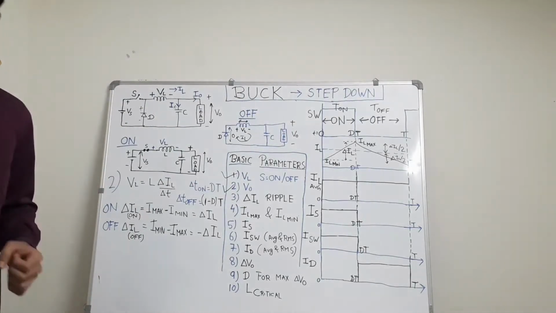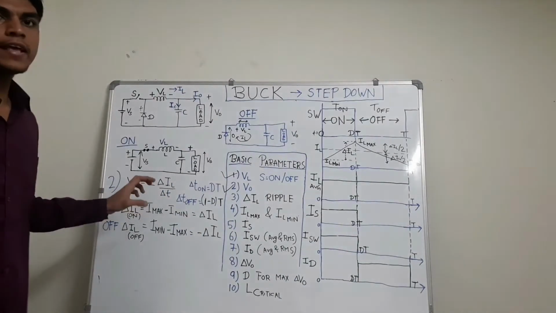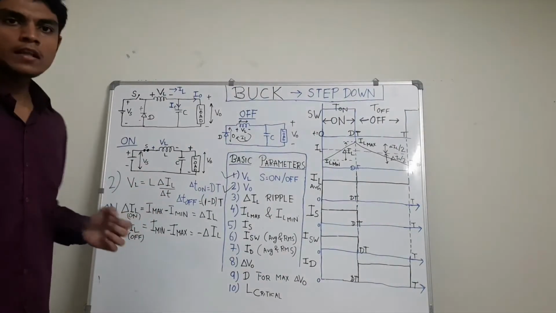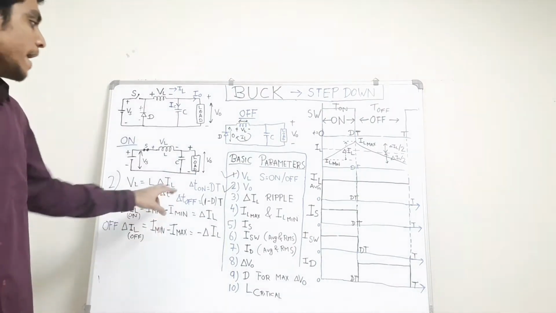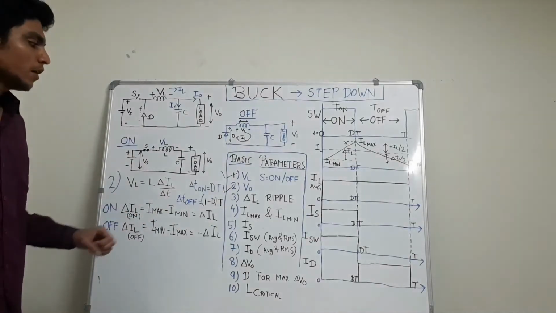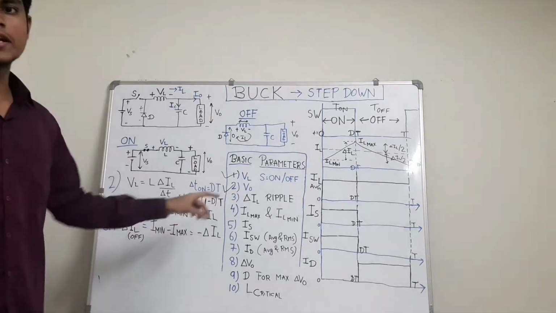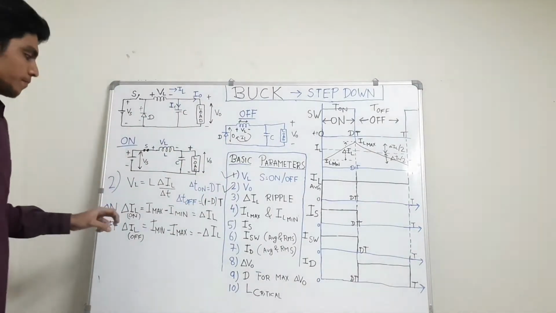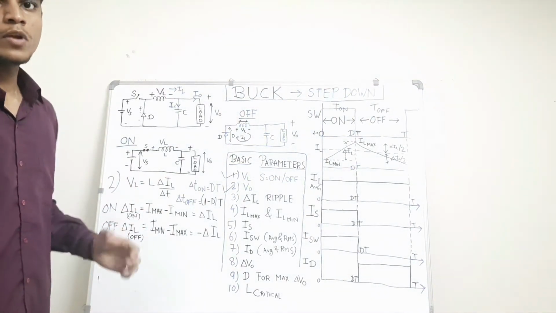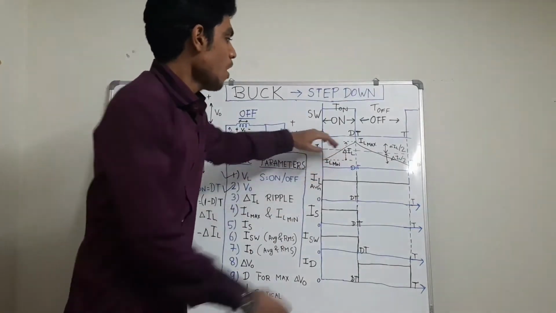We will use the charging equation of the inductor, that is VL equals delta IL divided by delta T. During the on condition, delta T will be equal to DT as discussed previously, and delta T during the off condition of the switch will be equal to (1 minus D) into T as discussed previously. Now delta IL, the change in inductor current during the on period, will be given by, this is the on period.